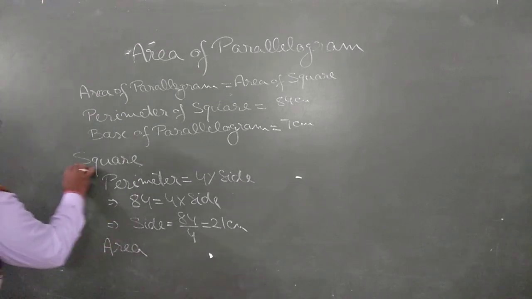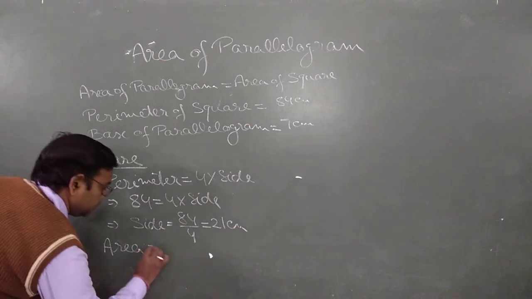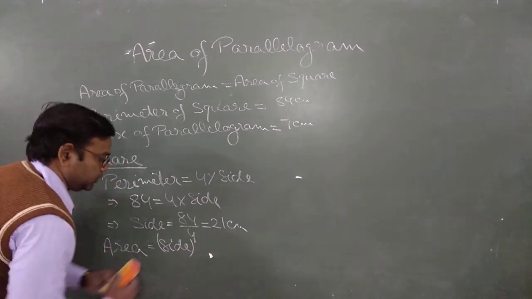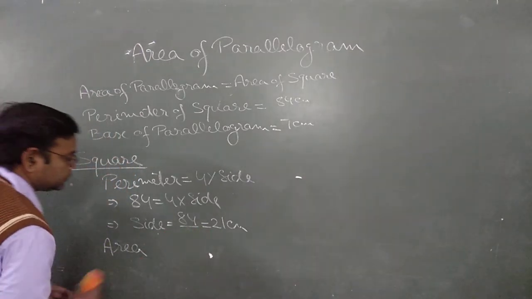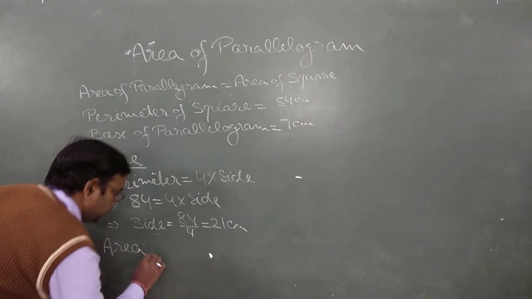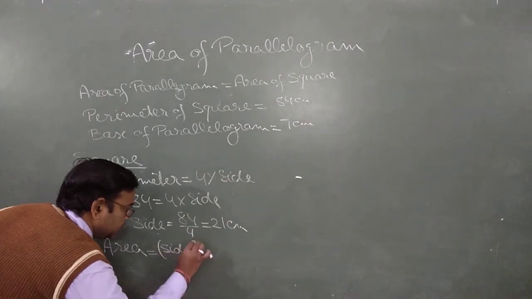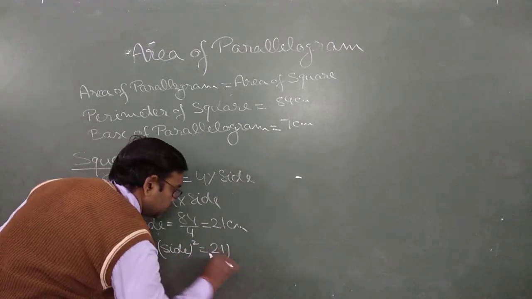So what about area? Remember we are talking about a square now. Area equals to side square. Now that is your 21 square.